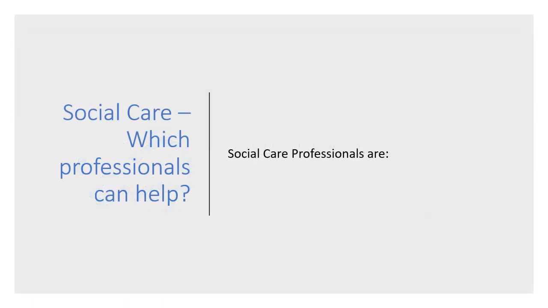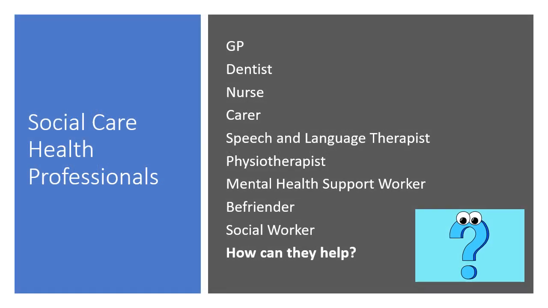So we're going to look a bit further now on social care and which professionals can help. So social professionals include a GP, a dentist, nurse, carer, speech and language therapist, physiotherapist, mental health support worker, befriender, social worker.